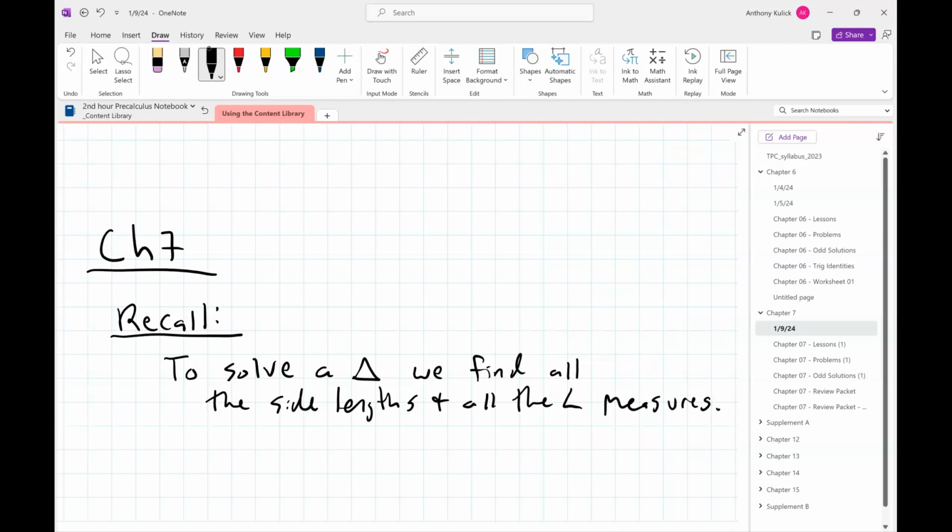So, just as a refresher, something we talked about first semester was solving triangles. To solve a triangle, we need to find all the side lengths for that triangle and all of its angle measures, right? You guys remember doing this?